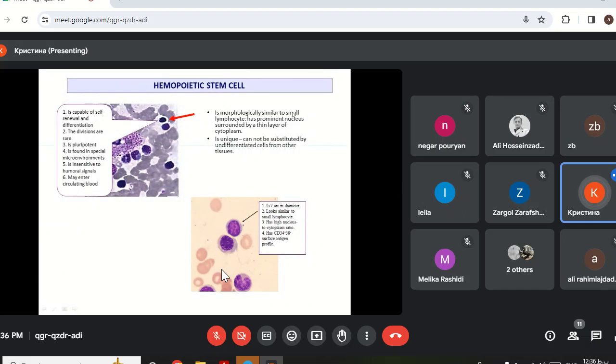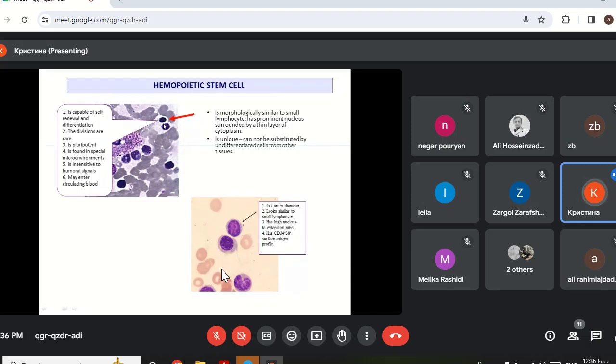What about the stem cell, hematopoietic or hemopoietic stem cell? It looks like a small lymphocyte, has high nucleus to cytoplasm ratio. It means it has very small cytoplasm. It is unique, cannot be substituted by other undifferentiated cells from other tissues.